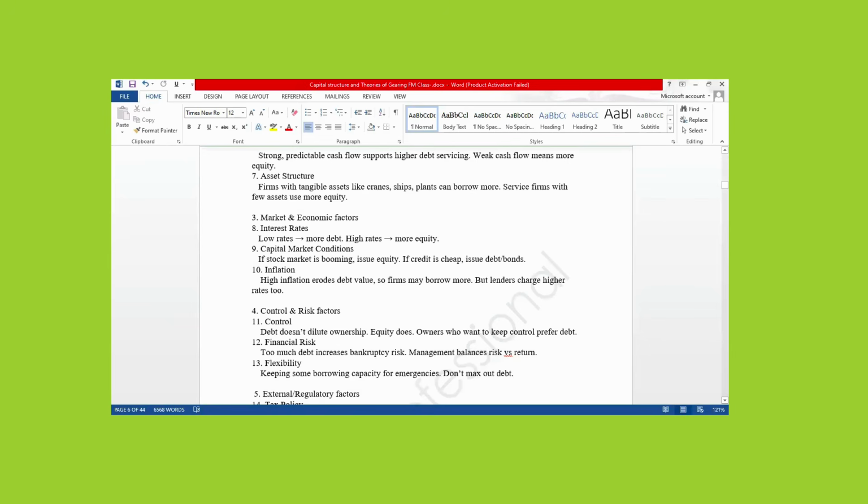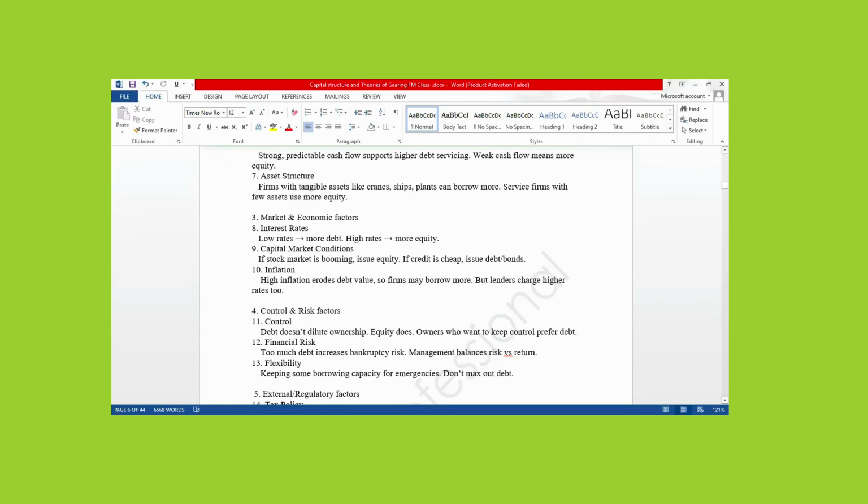Number 12, financial risk level. Don't forget, although debt capital is cheaper, it introduces financial risk to the business. This financial risk can lead to bankruptcy. So management will balance risk and return.